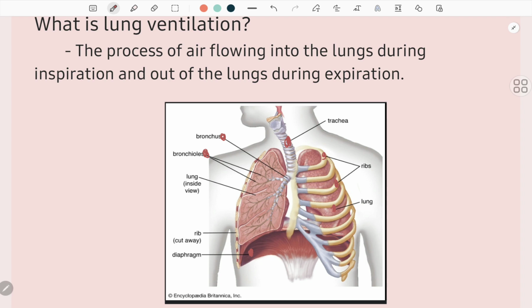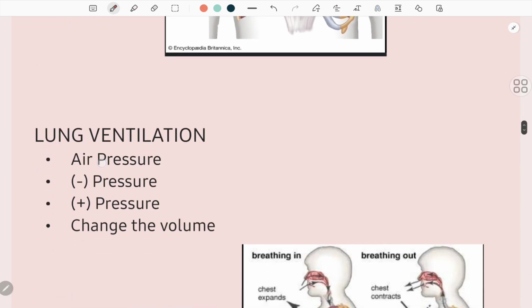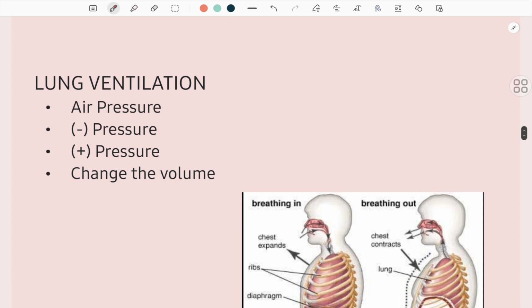Now let's move on to the main topic of the presentation, lung ventilation. Lung ventilation is the term that we use for breathing.